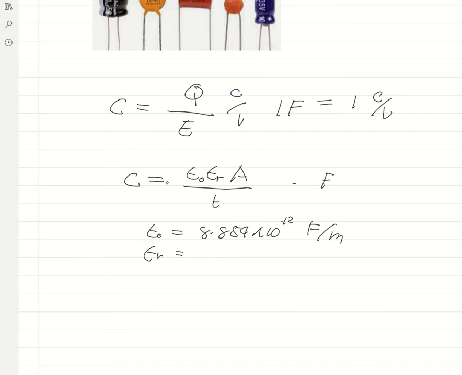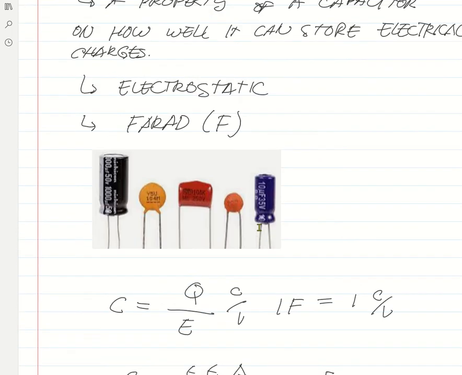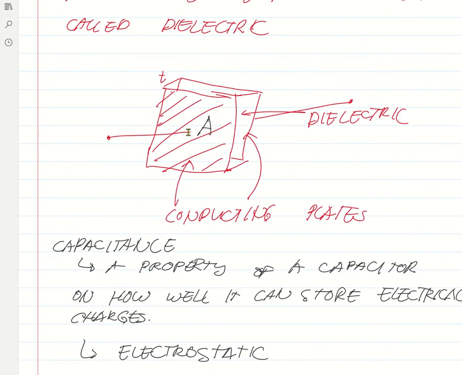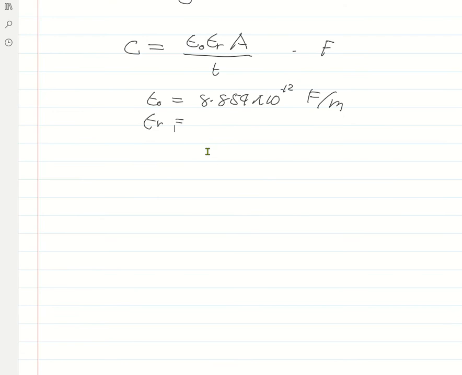But it all depends on what type of dielectric is between the conducting plates of the capacitor. If you multiply that, K, that will be epsilon naught times epsilon r. This is called the dielectric constant. It is equal to epsilon naught when you are in free space, or the dielectric used is just free space.